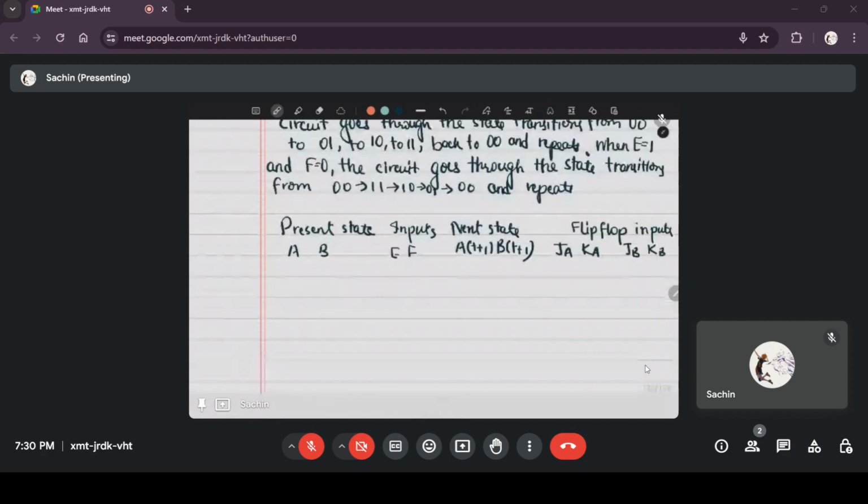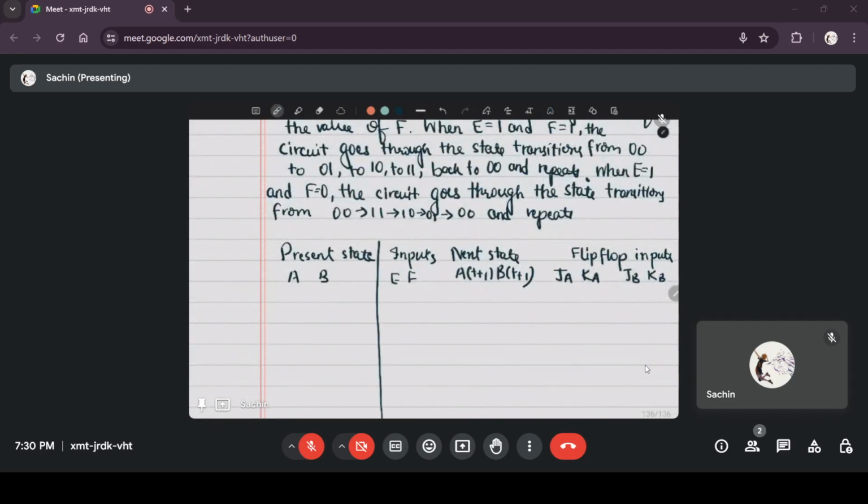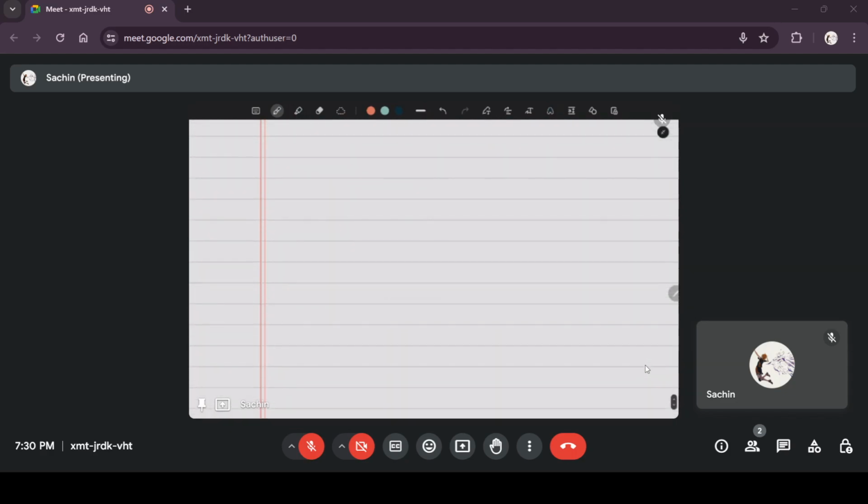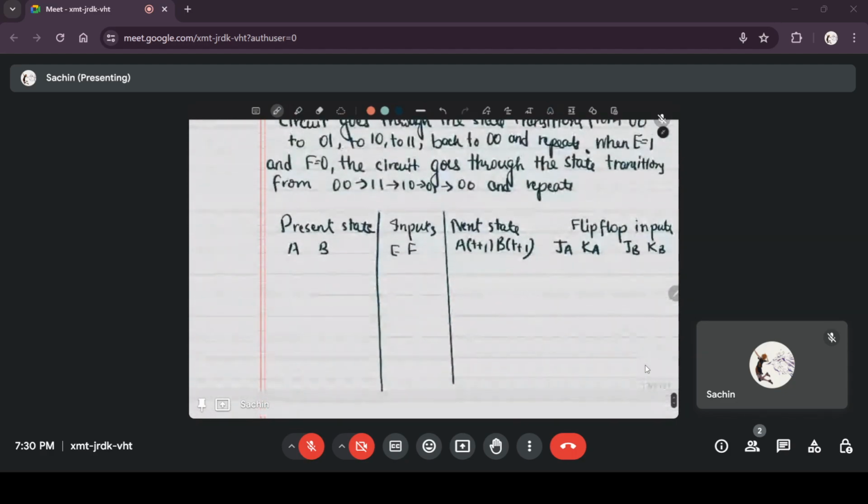There are 16 possible combinations here for the present state and the inputs.